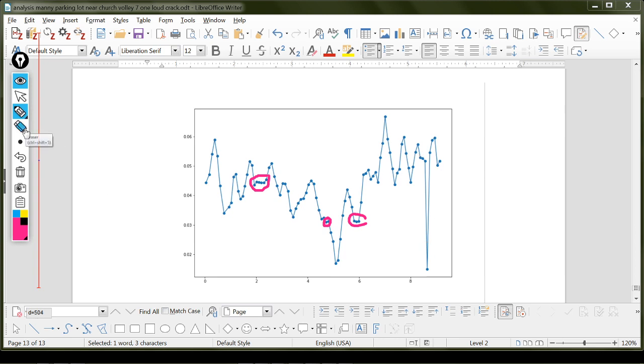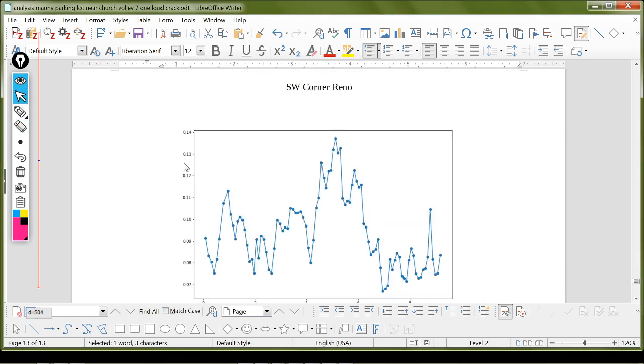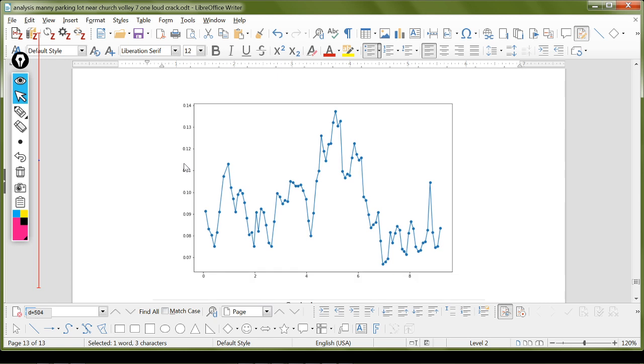And even if we go up to the southwest corner of Reno and the Boulevard, the mirror image, quote unquote, of Oasis Apartments, you can see that here we have less of an agreement, because the range for the lag here was 70 milliseconds to 140.